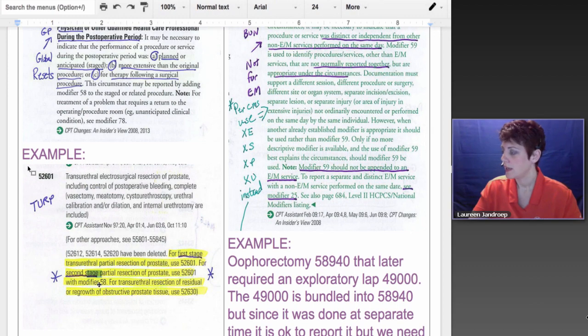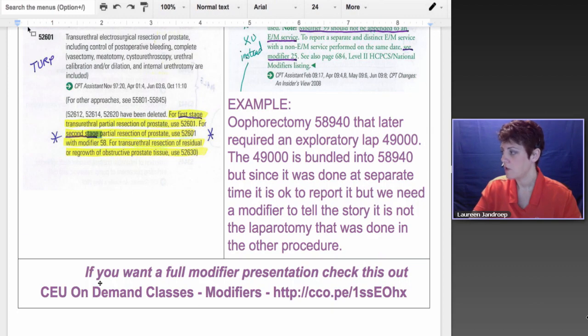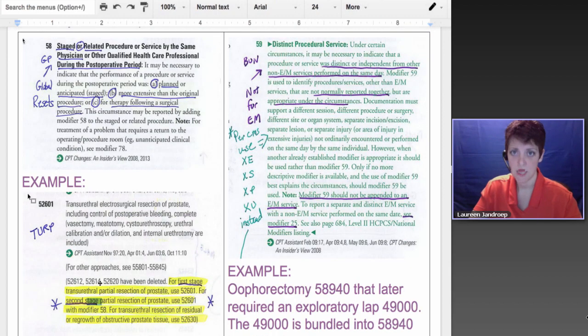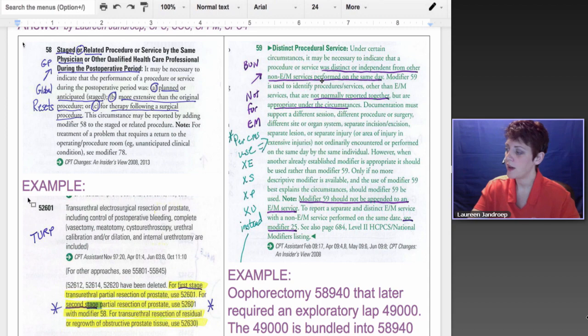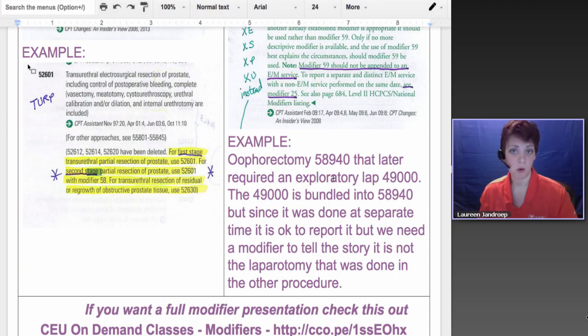Then the next modifier that was asked about is modifier 59, distinct procedural service. Under certain circumstances, it may be necessary to indicate that a procedure or service was distinct from or independent from another procedure on the same day. So this is like a type of bundling modifier, and the example I have here is an oophorectomy, 58940, where they're removing the ovaries.